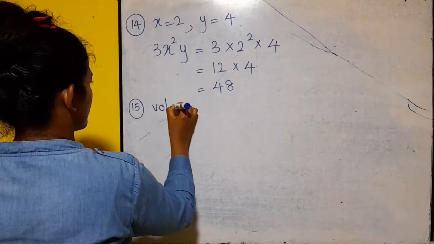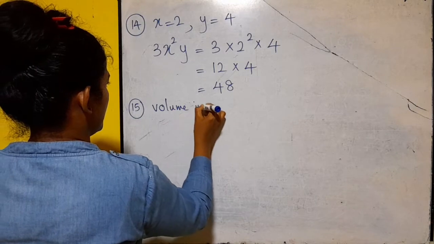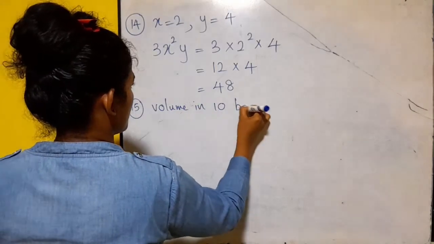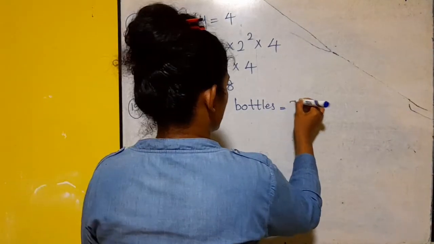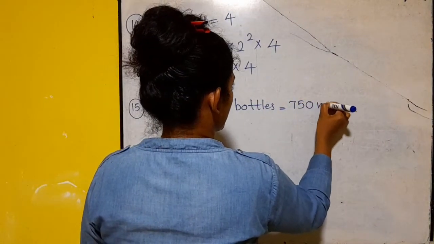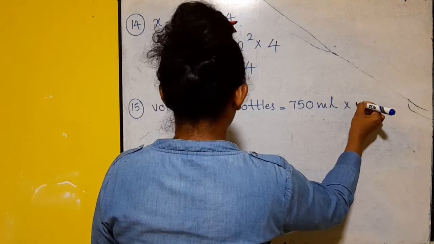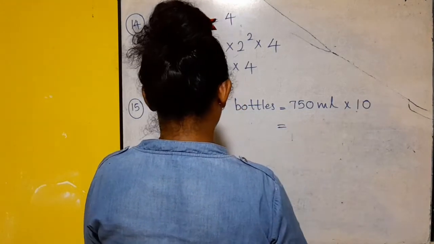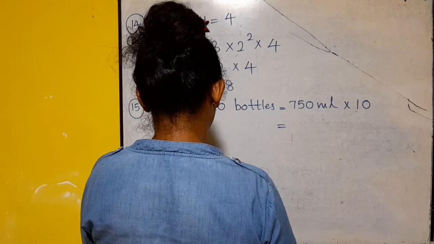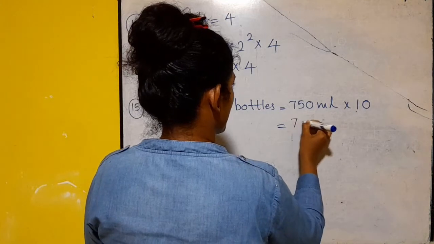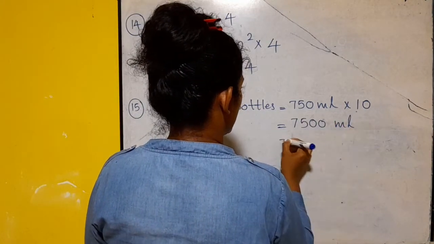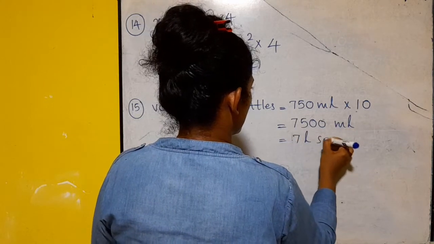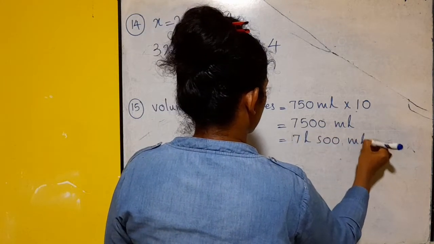Volume in 10 bottles is equal to 750 milliliters multiplied by 10. That is 7500 milliliters. That is equal to 7 liters 500 milliliters.